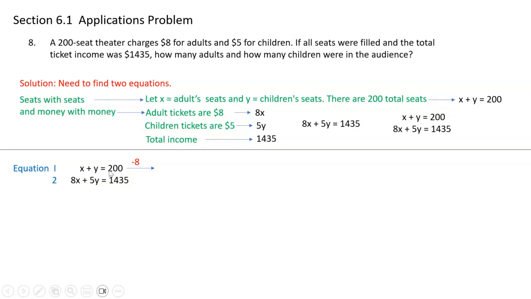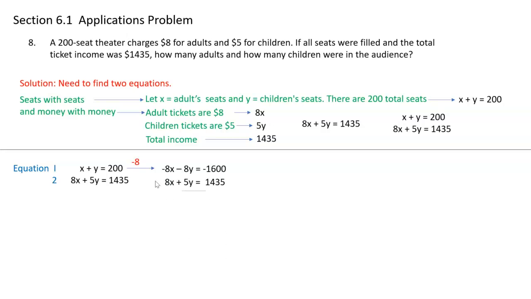And again, why did I use -8? It's because -8 times x will give me -8x. And then when I add it to equation 2, the x's will be eliminated. But I need to multiply -8 times every term on equation number 1. The result, after we do this, should give us -8x minus 8y equals -1,600.